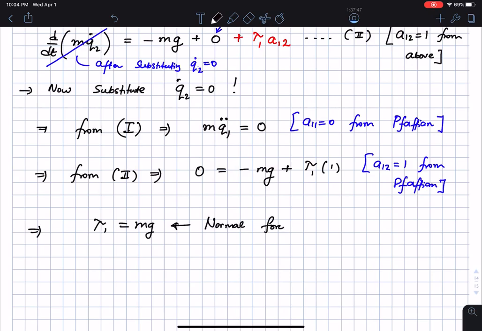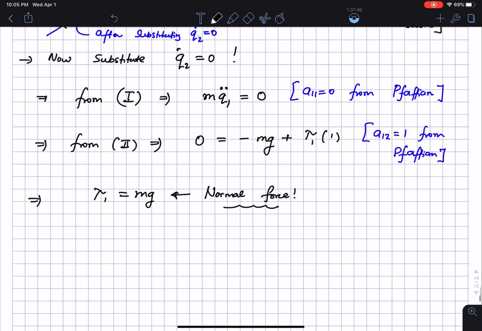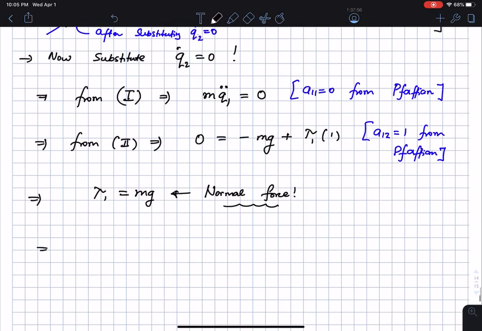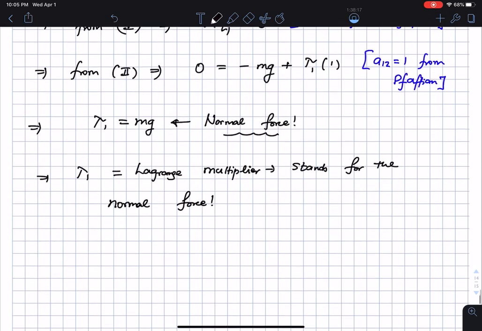And this is the normal force. I did not know what this multiplier stood for initially, but now I know that this is the normal force, which means that lambda 1, the Lagrange multiplier, stands for the normal force. We know that this is a normal force from Newton's laws that we applied earlier in the problem.